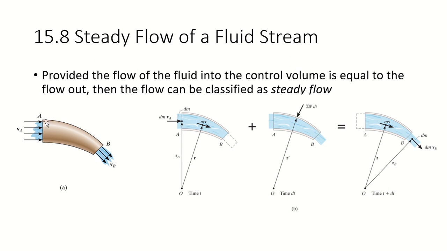This, I would say it's not a cylinder, it's kind of like a curved cone, and it's going in with a velocity VA and coming out with a velocity VB.